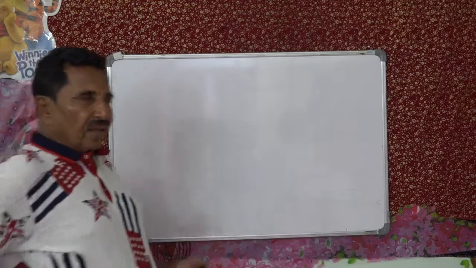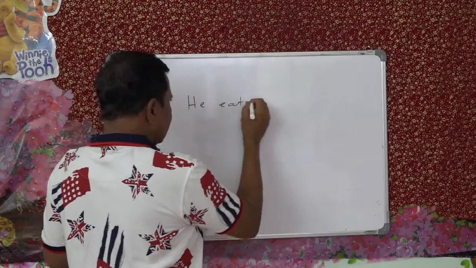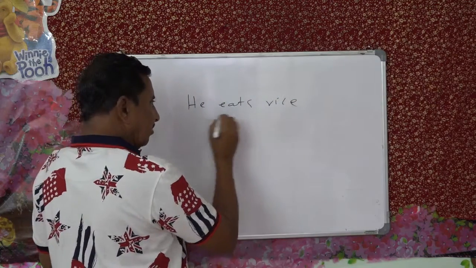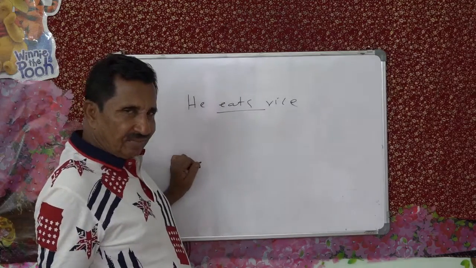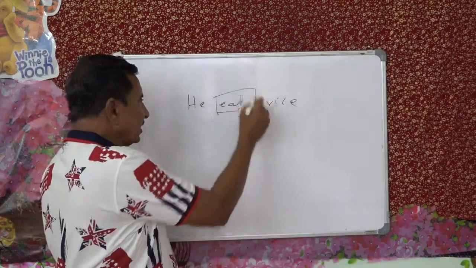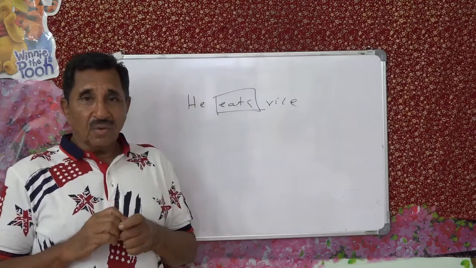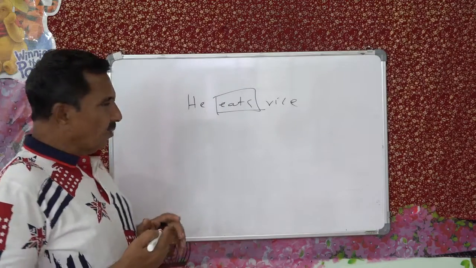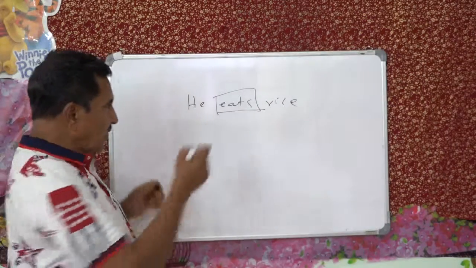When you change, he eats rice, what you have to do is expand it, or you have to insert, because single word tenses you cannot do anything with, except for who questions, who teaches, who eats, etc. Otherwise, for all the other questions, you have to insert do.